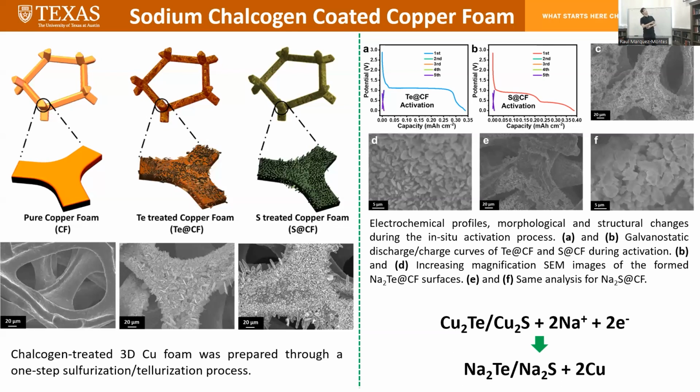So here is some half cell cycling data. In the first cycle, as you can see, there's a plateau, which basically means the coated material reacts with your sodium in the first cycle. The same thing with the sulfur one, which maybe has a few plateaus.